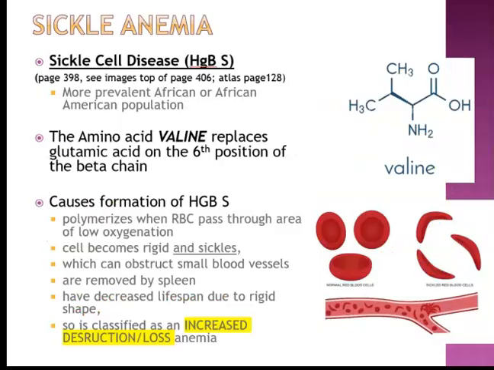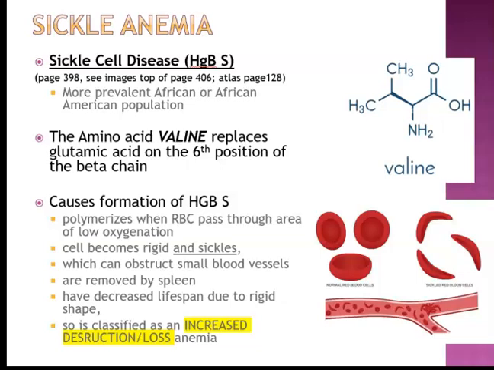The first in that hemoglobinopathy category we're going to talk about is sickle cell, also referred to as hemoglobin S. Sickle cell is usually more prevalent in the African or African American population. This is where the amino acid valine is replaced with glutamic acid on the 6th position of the beta chain.